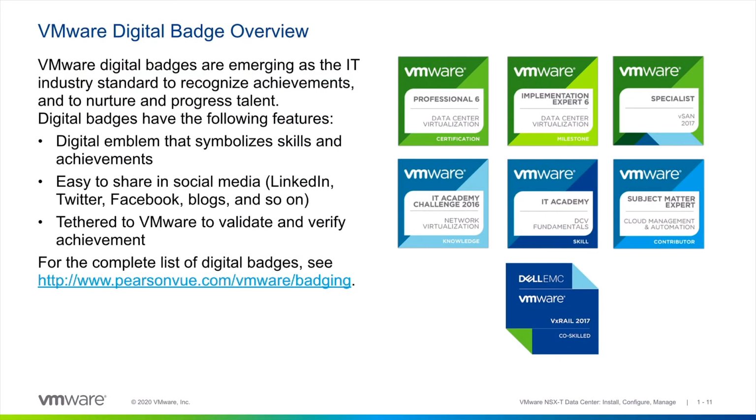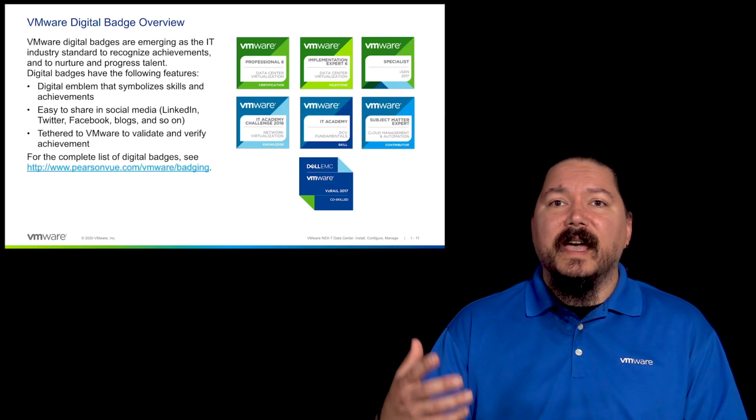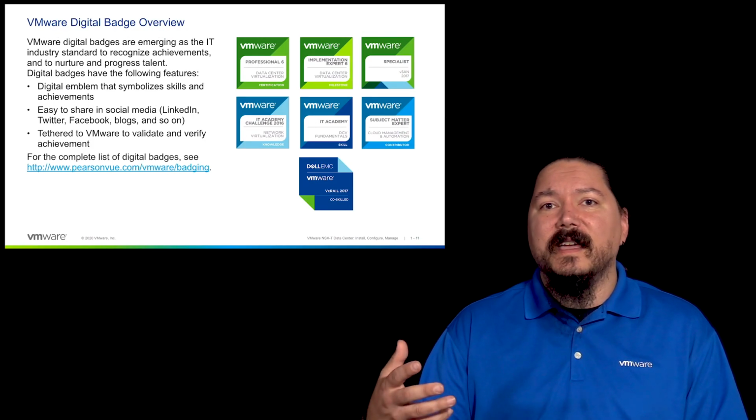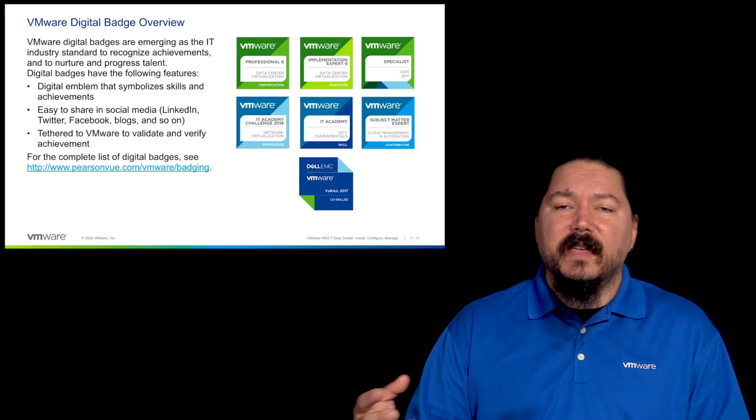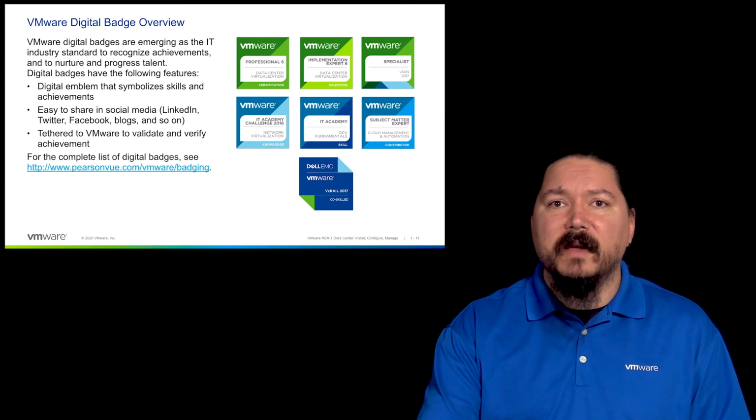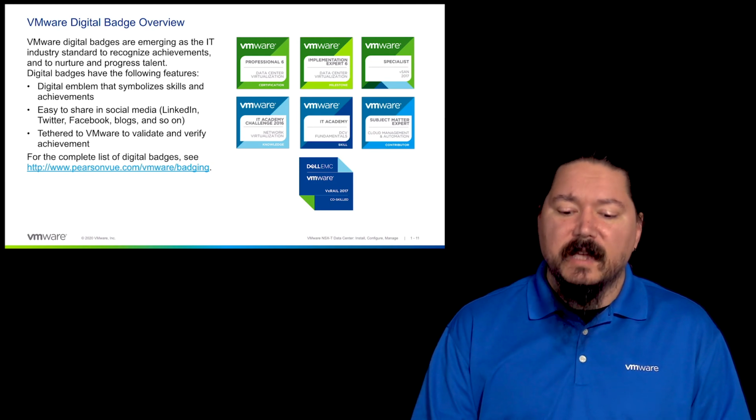Now, certifications show one set of knowledge and skills. But VMware has a great many technologies that we might want to showcase. Well, digital badges help us identify different focal points that you as a professional might want to showcase.